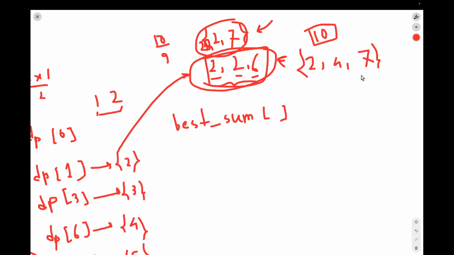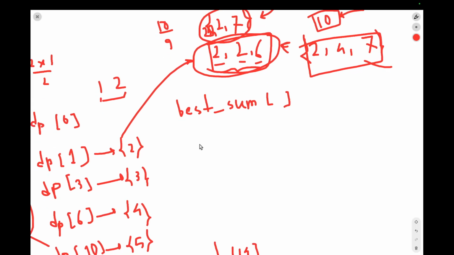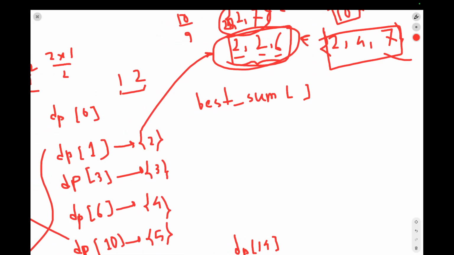So the number of elements is crossing n, and that cannot be valid. So we will try to calculate the value of dp so that the base sum is as minimum as possible. Okay, so base sum for all of these should be as it is. Base sum of 10 should be 5.